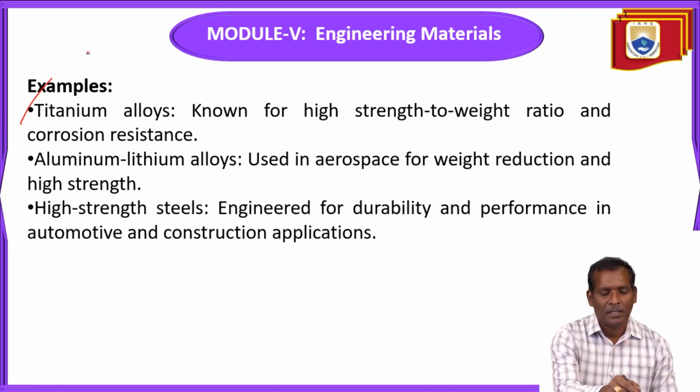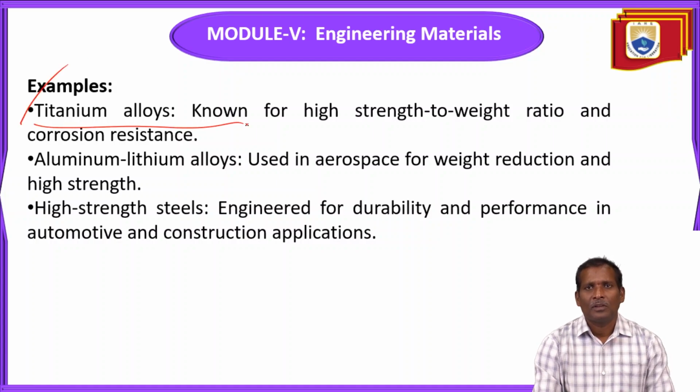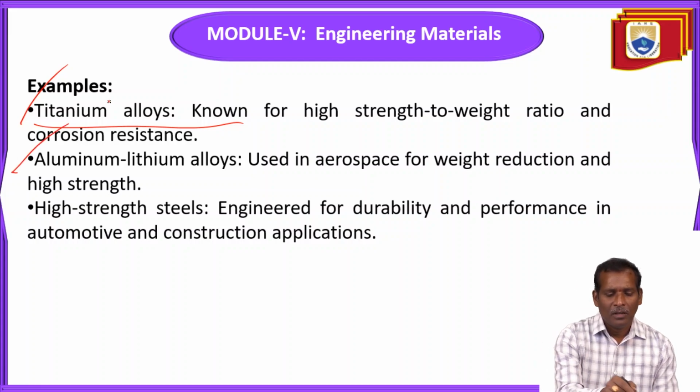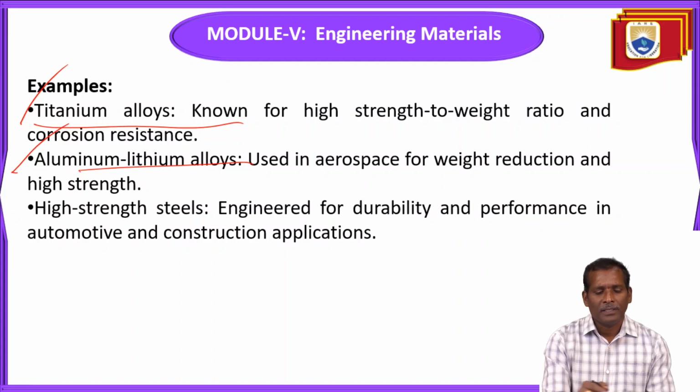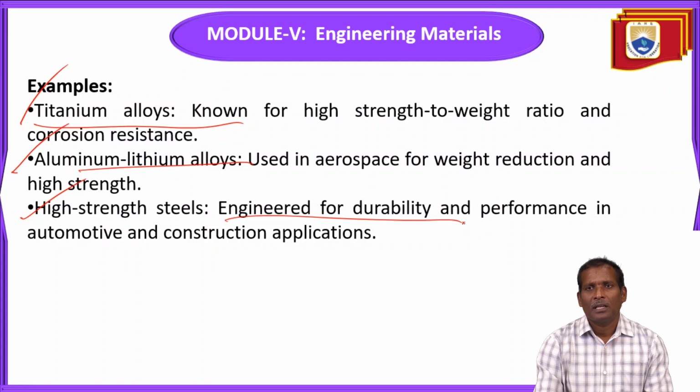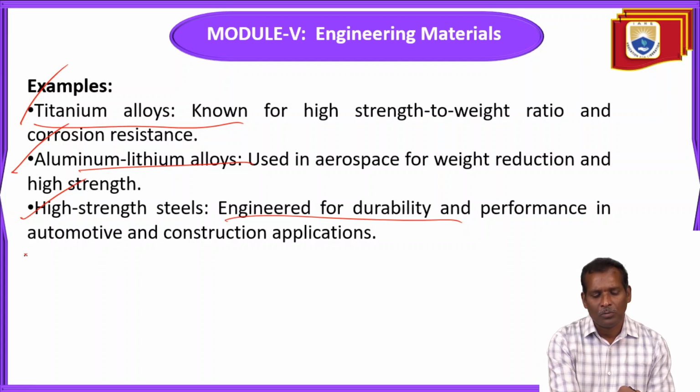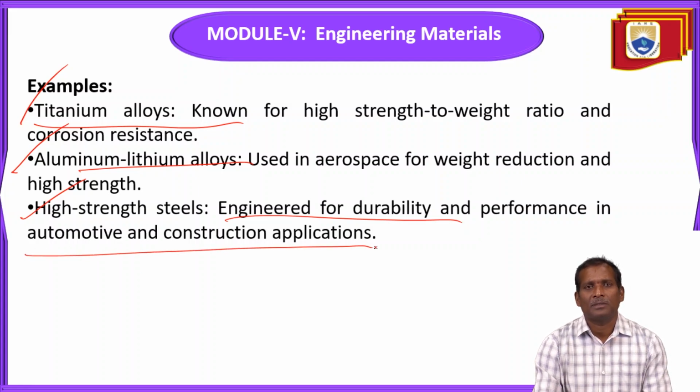Examples: titanium alloys, known for high strength to weight ratio and corrosion resistance. Aluminum lithium alloys, used in aerospace for weight reduction and high strength. High strength steels, engineered for durability and performance in automotive and construction applications.